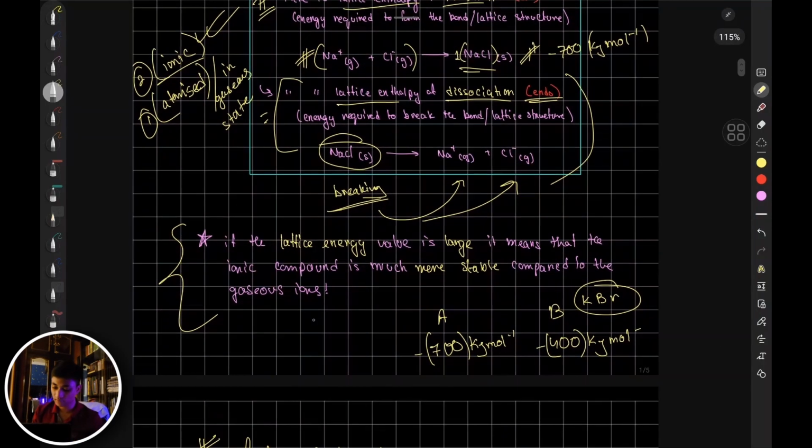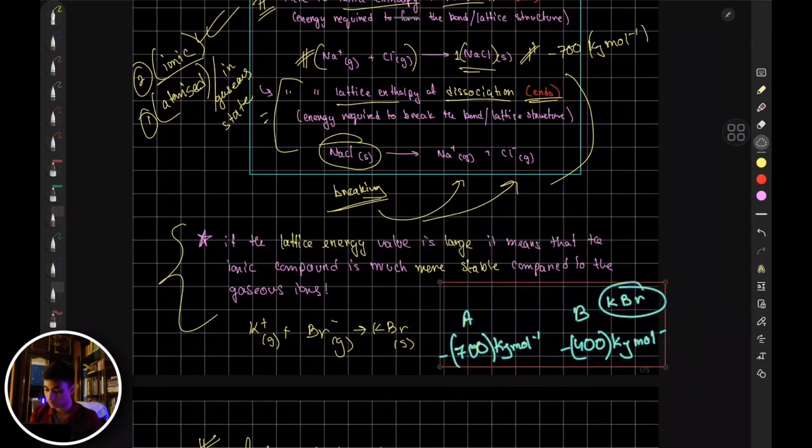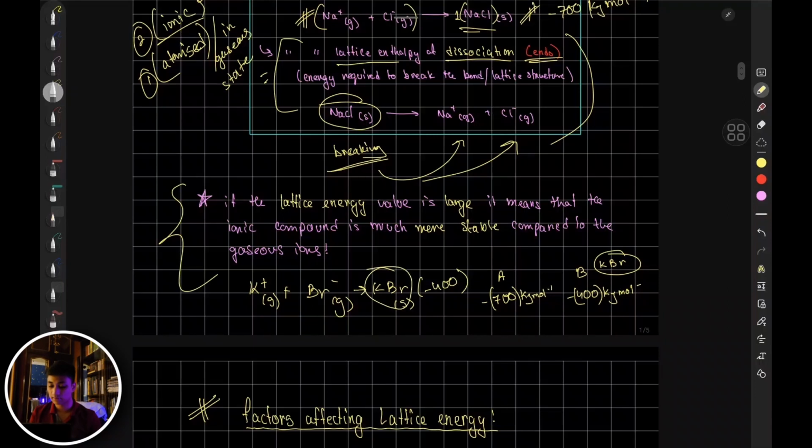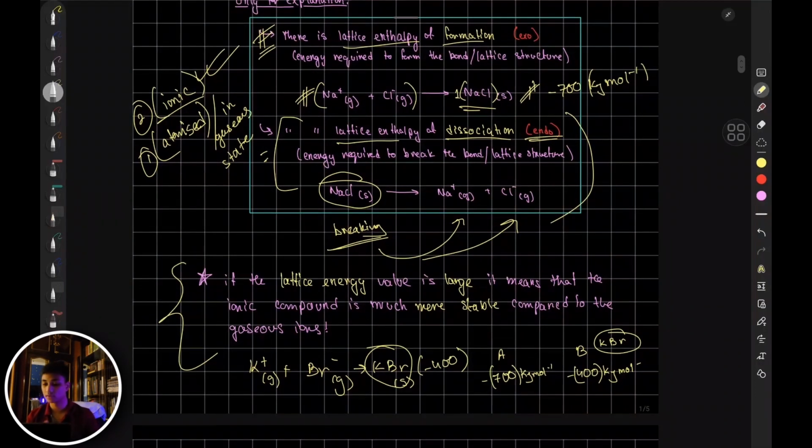So, if K+ and Br-, both gases, form KBr solid, and it is releasing, let's say, 400 kilojoules per mole, we know that this is less stable than NaCl.